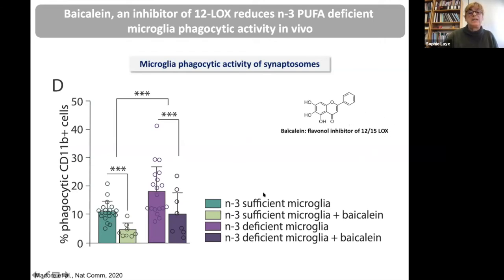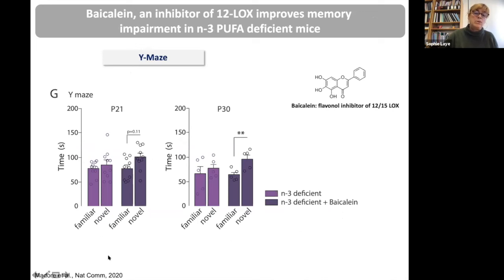What we found is that the phagocytic activity of microglia treated with baicalein is decreased, in both deficient and sufficient animals. The hyperphagocytic activity of microglia described in the deficient omega-3 microglia is decreased by baicalein, suggesting that 12-HETE could play a role here. And we could also restore the behavior of those animals.